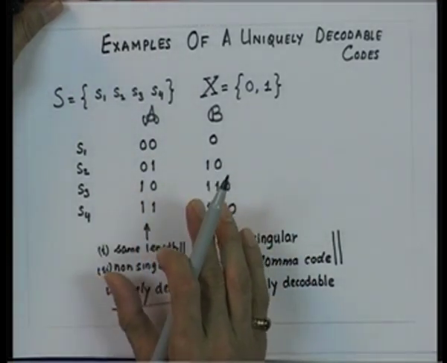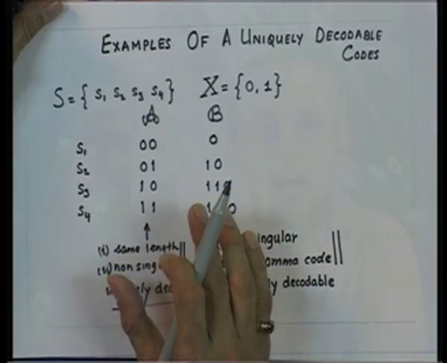So, this property is at the heart of all uniquely decodable codes. Let us take another example of uniquely decodable code.